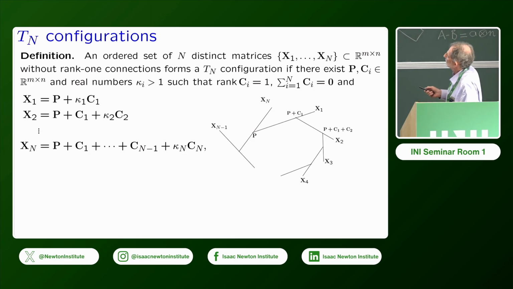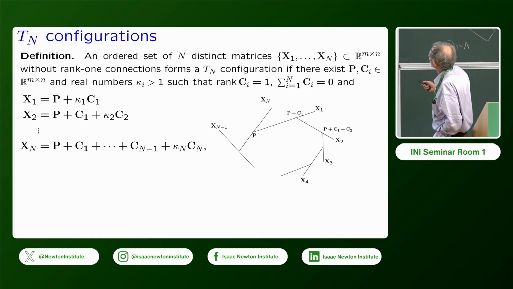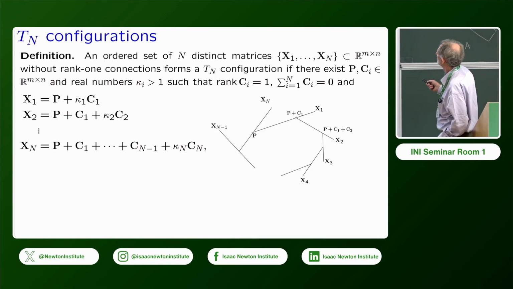Okay, so what's a T_n configuration? So an ordered set of n distinct matrices, X1 up to Xn, without rank 1 connections, forms a T_n configuration if this sort of picture holds. So first of all, there's a P, which is the center, the first point, if you like. Now, each of these matrices C_i has got to be rank 1. So you go from P in the direction of C1 until you get to P plus C1.